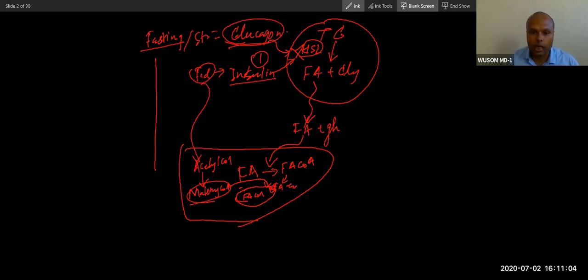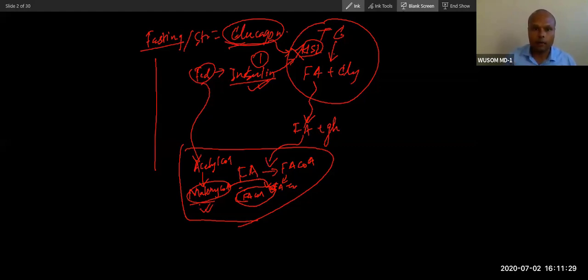through the mitochondria. So you can see this is how the cell ensures fatty acid oxidation only during fasting condition, not during the fed condition. In the fed condition, there are two mechanisms that inhibit it. First is insulin, and second is malonyl coenzyme A, which inhibits fatty acid oxidation and promotes fatty acid synthesis.